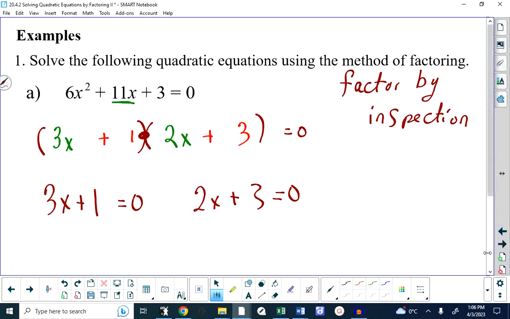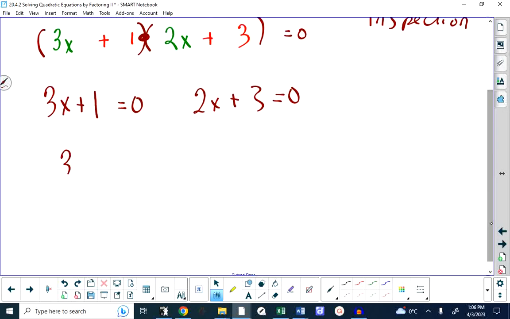I subtract 1 from both sides here and get 3x equals negative 1. I divide both sides by 3. And I get one of the solutions is negative 1/3. Here I subtract 3 from both sides and I divide both sides by 2.